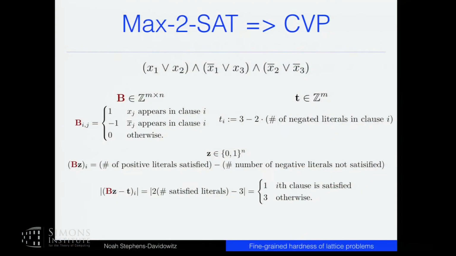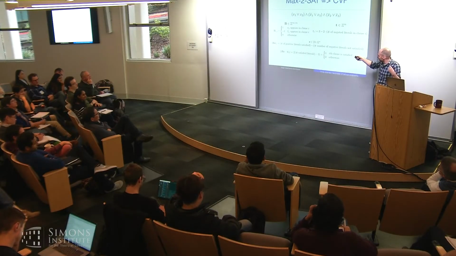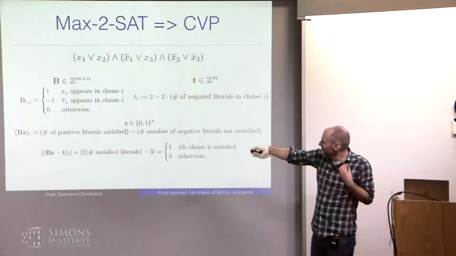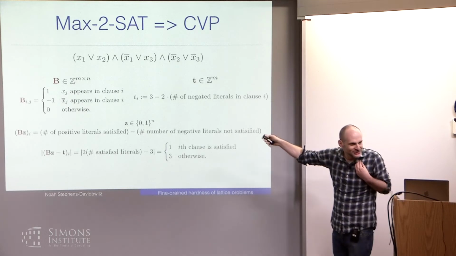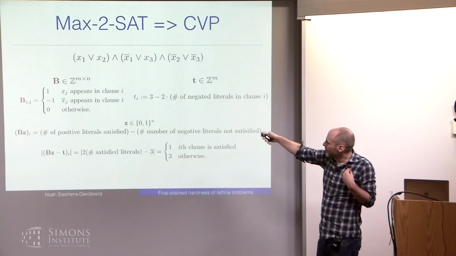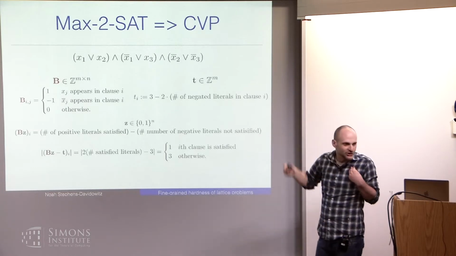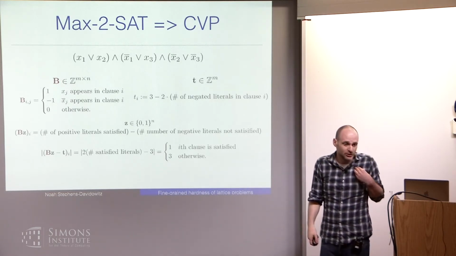Okay. So the point is that Max 2SAT is to find an assignment, which here I'm writing as z, so a 0,1 assignment or a true-false assignment to these variables. The goal is to figure out how many of these clauses can be satisfied simultaneously, or to approximate that.